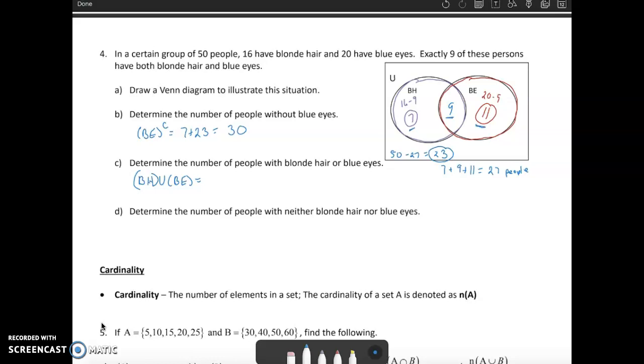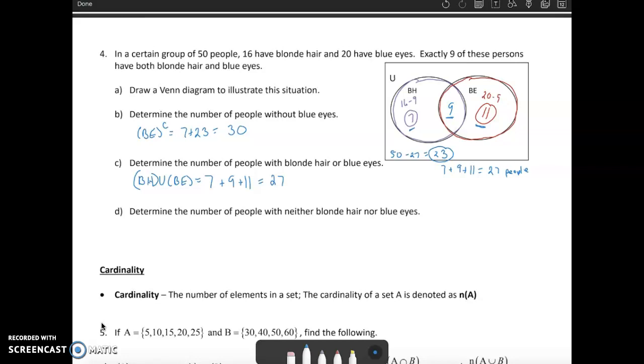If we add those together, we get everyone inside those circles. That's 27 people, and that makes sense. That's what we said when we first started drawing this: there are 27 total people inside those circles. So 27 people have blonde hair or blue eyes, or both. That qualifies as a union.